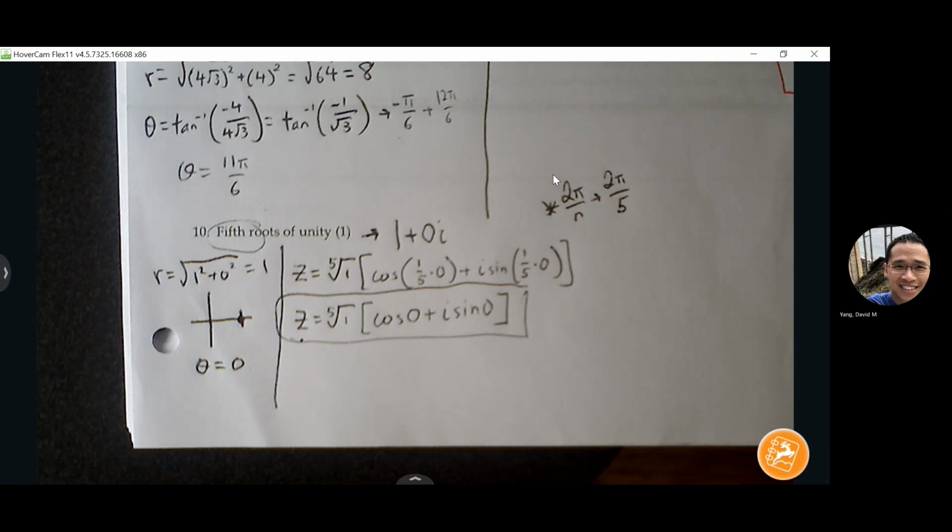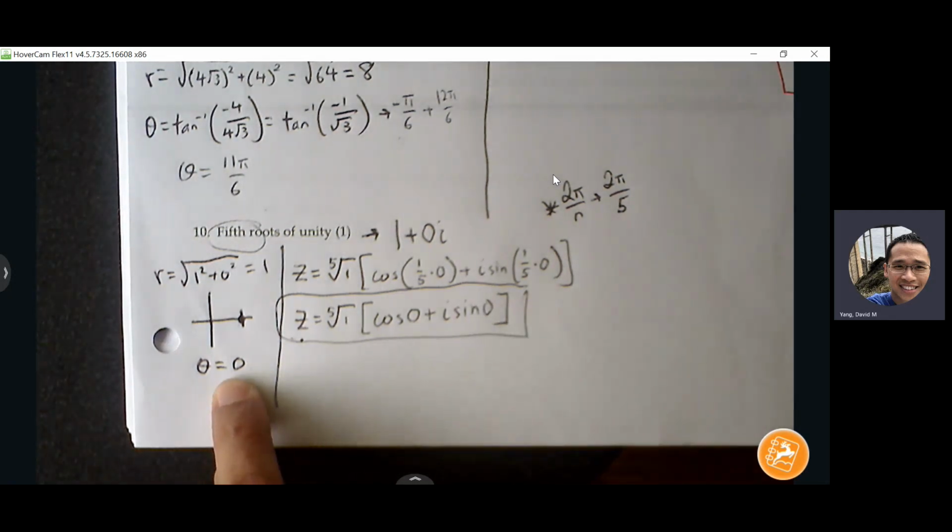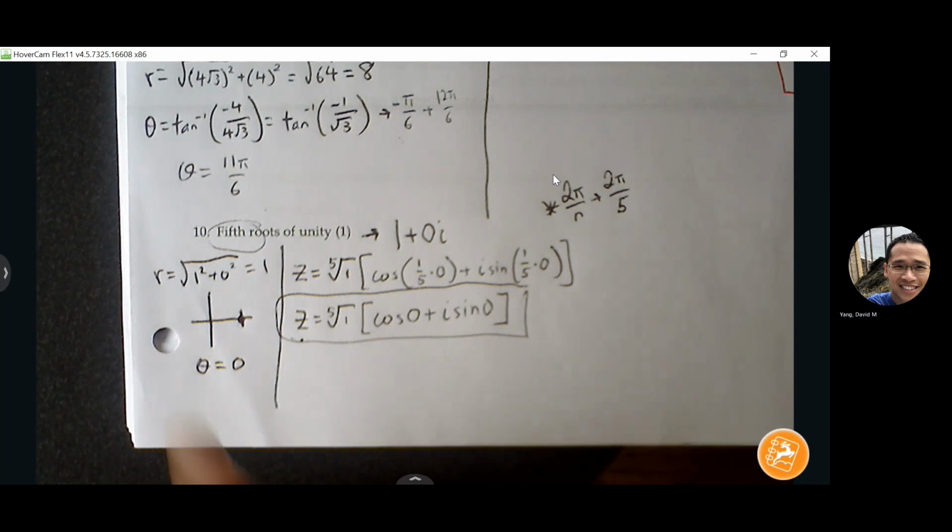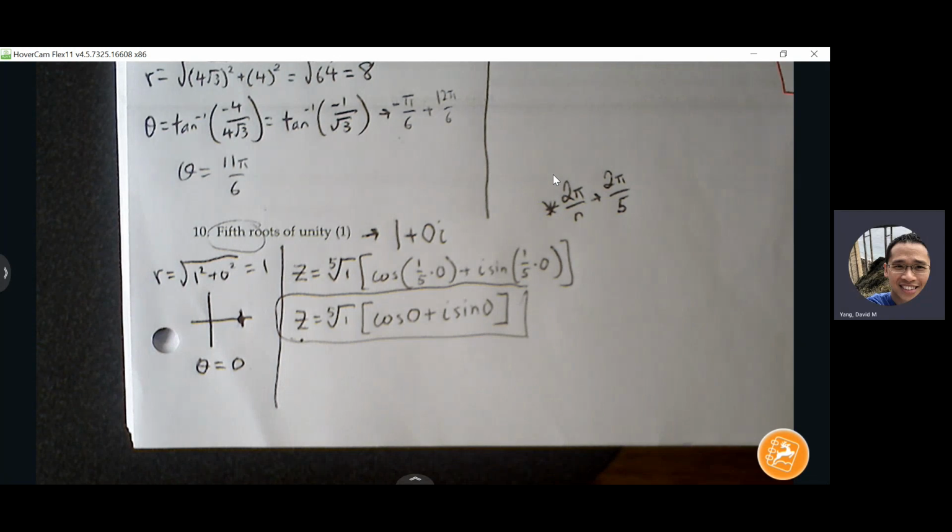Oh, yes, yeah. So 0 is also a radian measure, right? 0 degrees or 0 radians. Yeah, that's perfect. We start with the smaller value and we move our way up.